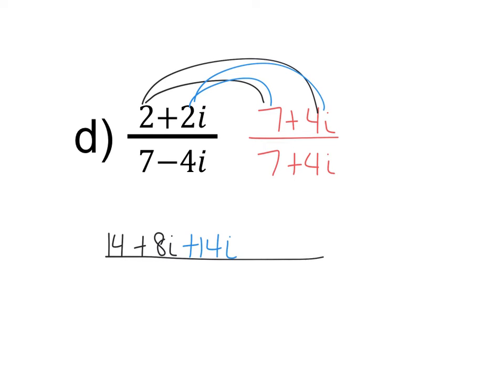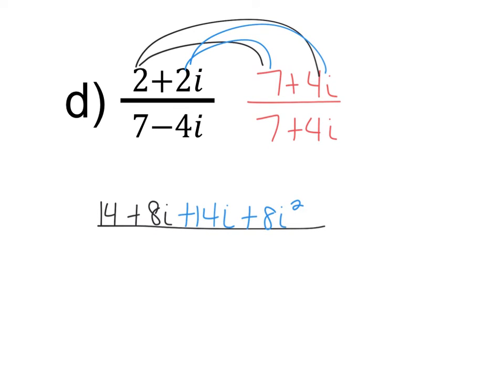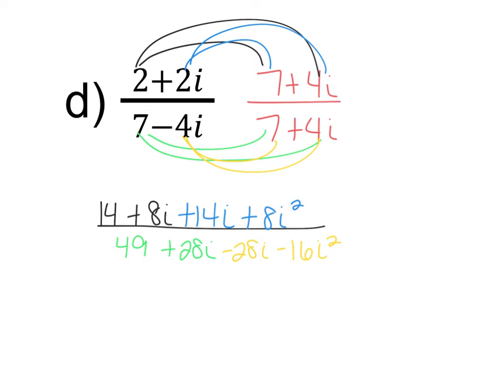Positive 14i plus 8i squared. Distribute the bottom. So 7 times 7 is 49. 7 times positive 4i would be positive 28i. And then distribute that negative 4i. So that would be negative 28i and negative 16i squared.